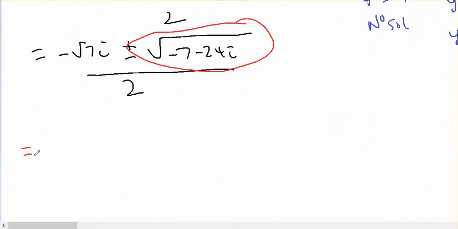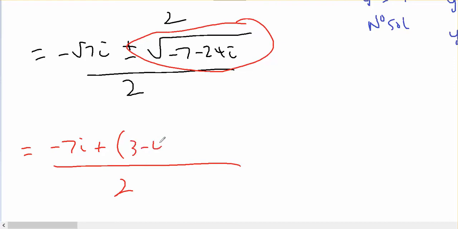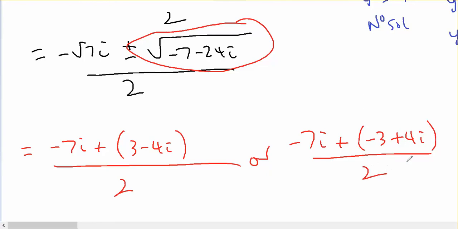So I've got two solutions, minus root 7i plus 3 minus 4i, or minus root 7i plus minus 3 plus 4i, all on 2. Are going to be my two solutions.